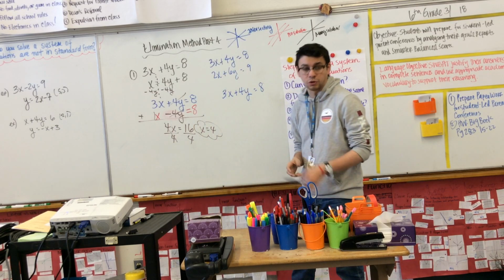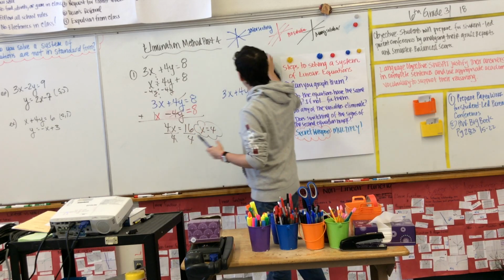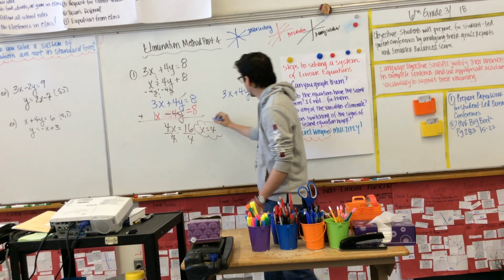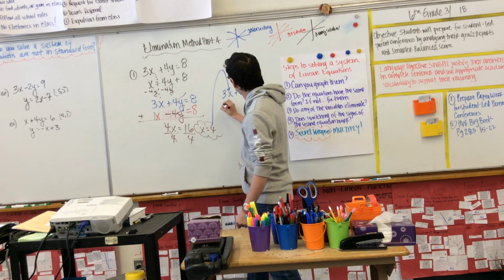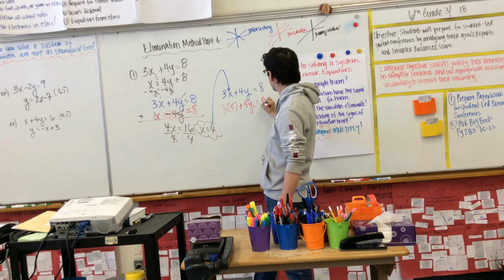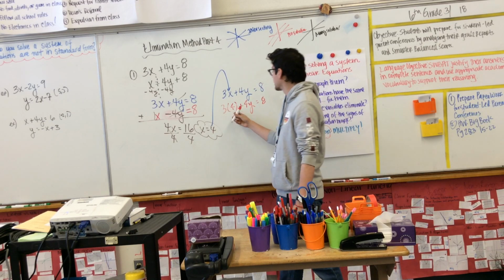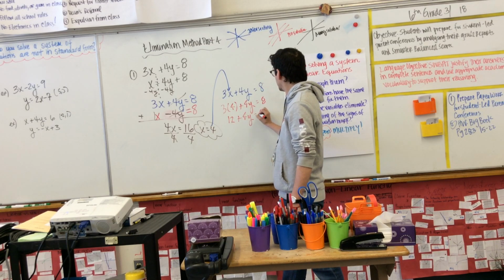All of this you're copying in your notebooks. Sorry, I forgot. This is gone. You don't need that. So you're going to grab that x equals 4, dump it in there. So now we have 3 times 4 plus 4y equals 8. 3 times 4 is 12, plus 4y equals 8.